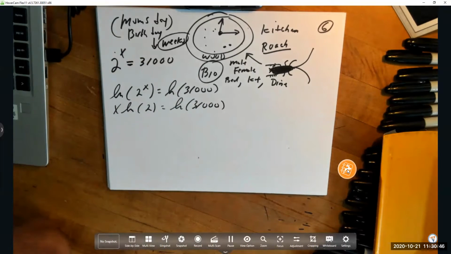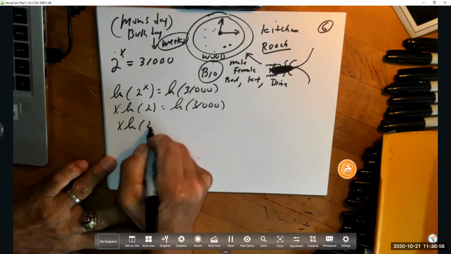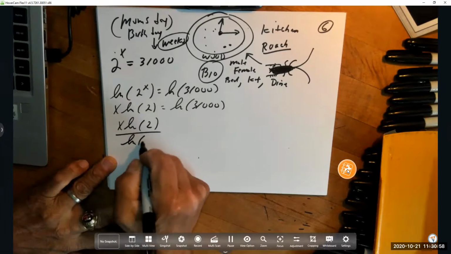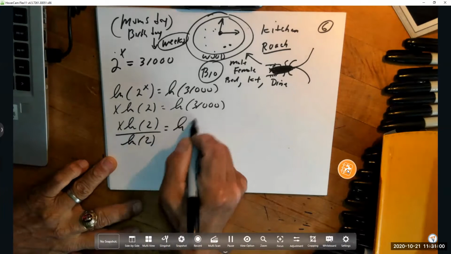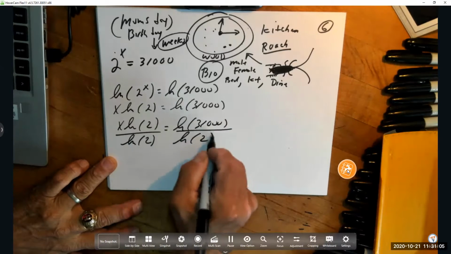Then what? Divide by something. You tell me. By ln 2. This one by ln 2, and this one also by ln 2, like this.